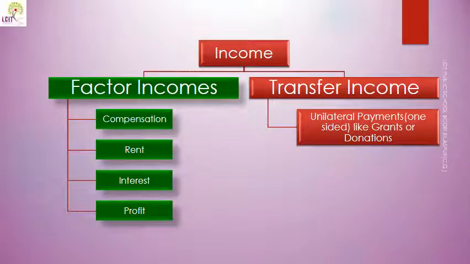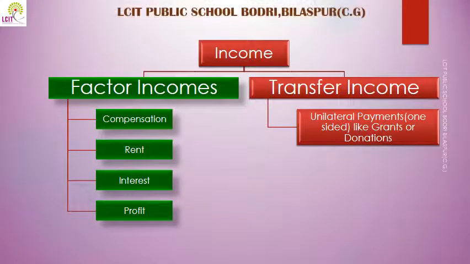See, the income is of two types. You have already learned in previous class also. The first is factor income, next is transfer income. Transfer income is unilateral payments. Unilateral means one-sided. You are giving grants, donation, and you are not receiving anything in return.